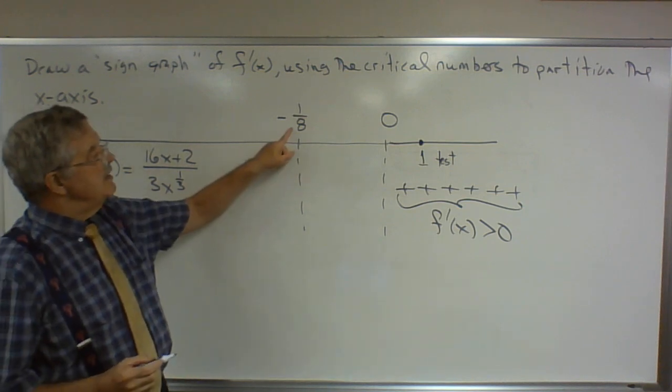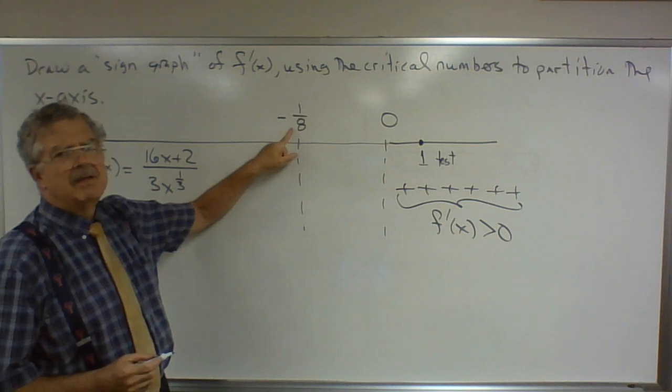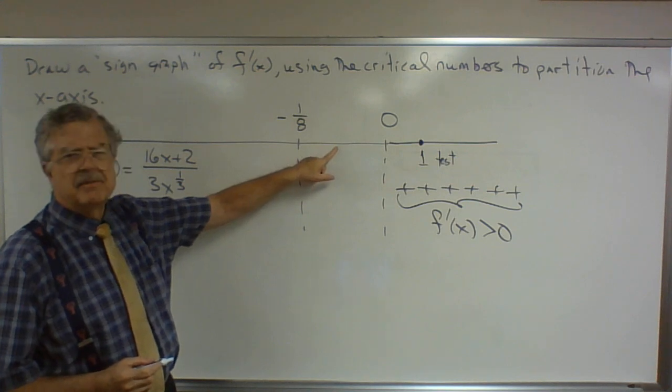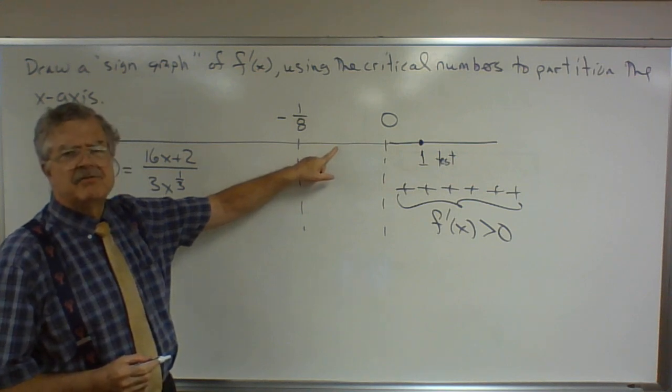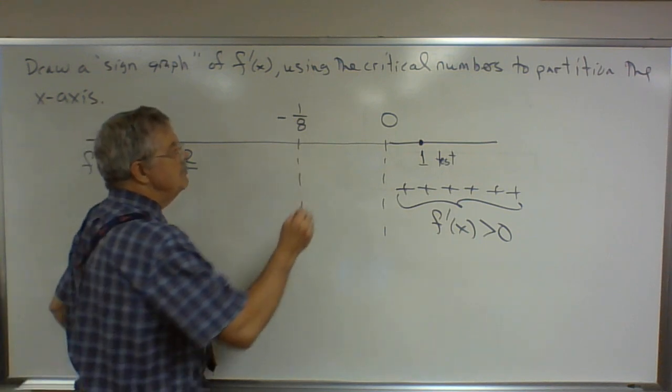Let's see, -1/8 is -1/2 cubed. So I guess -1/3 cubed would be in here somewhere. If we cube -1/3, let's see, that's 3 cubed is 27, so that's -1/27.